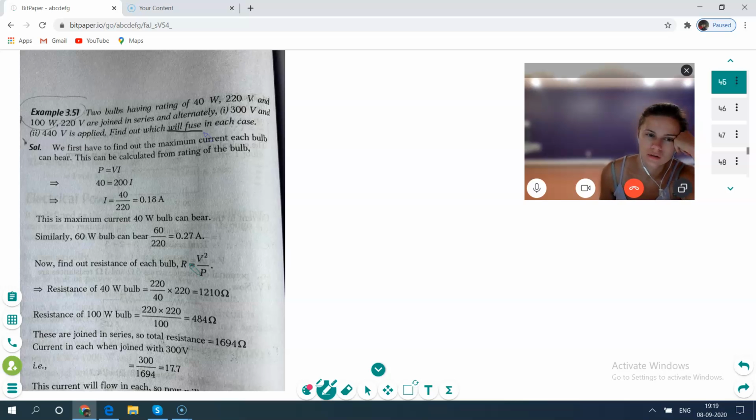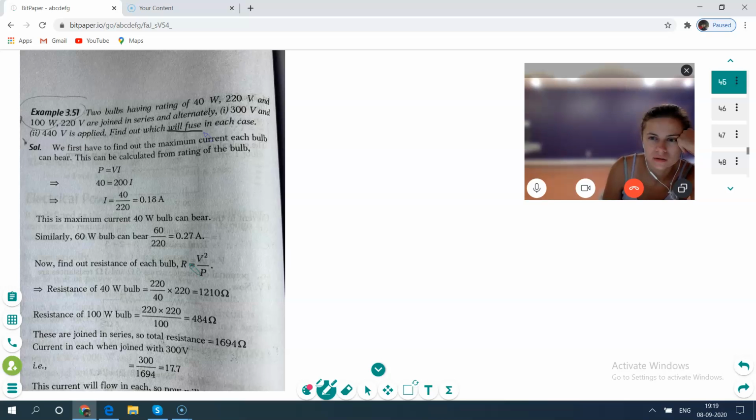Correct? 40 watt means how much joule? 40 joules they can sustain. 100 watt means how much? 100 joules. Is it clear? Am I right or not?